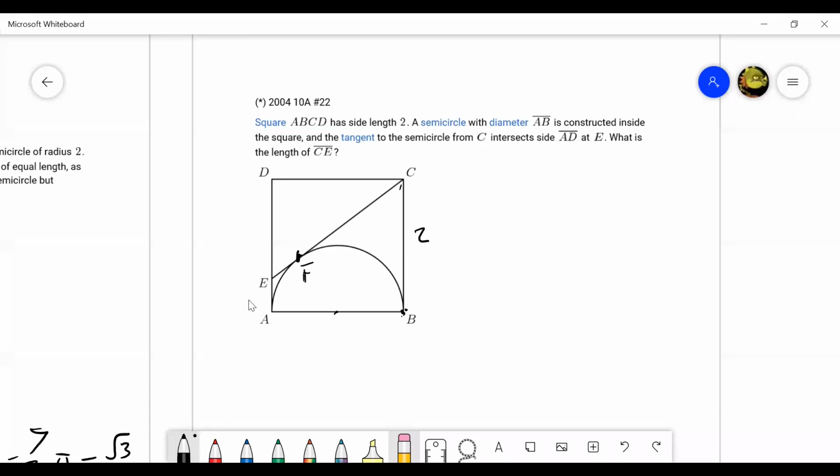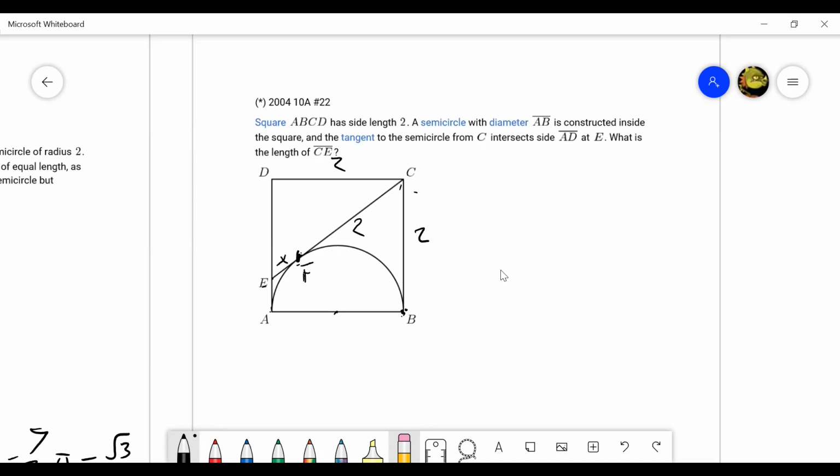We know that it's a square, so every side is 2, and this CF must be length 2 as well, because it's equal to CB. And again, EF and EA must also be the same because of the two tangent theorem, where EA is tangent to this semicircle, so is EF.